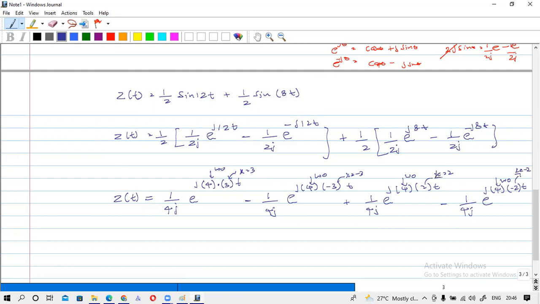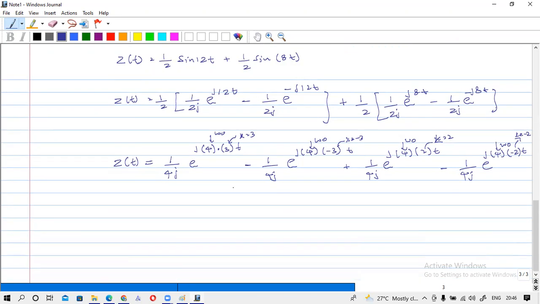So these are the k values. Now I can write down the coefficients. Here k is equal to 3, that means I have C3, and that will be 1 by 4j. And here it is minus 3, that means I have C minus 3.